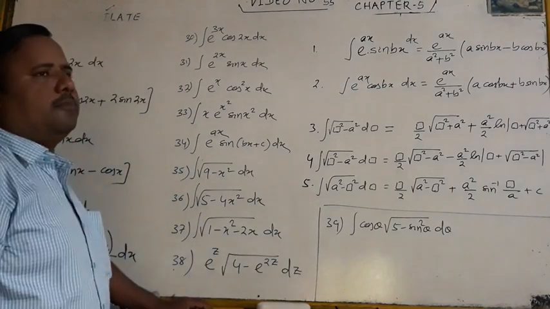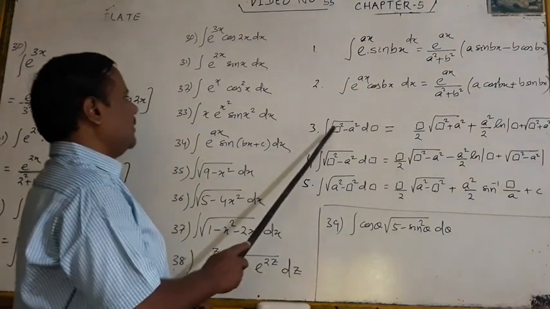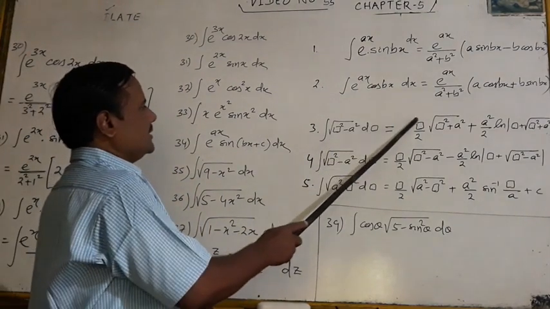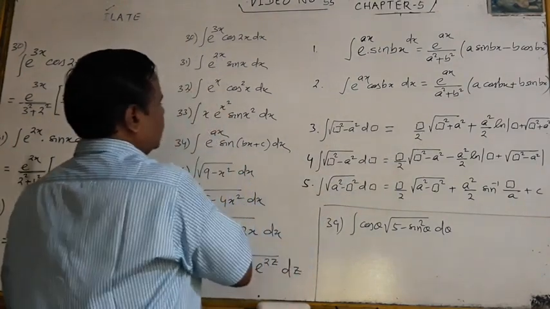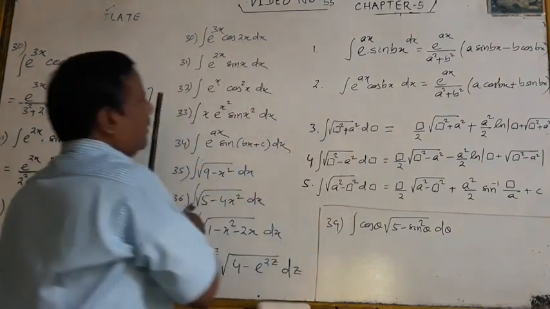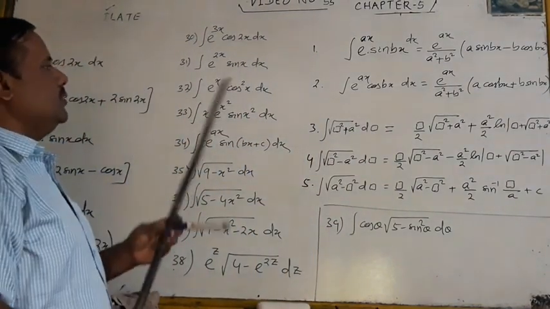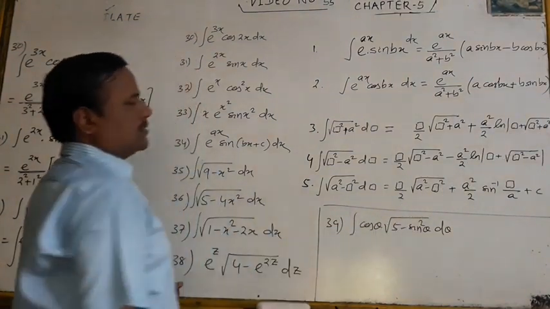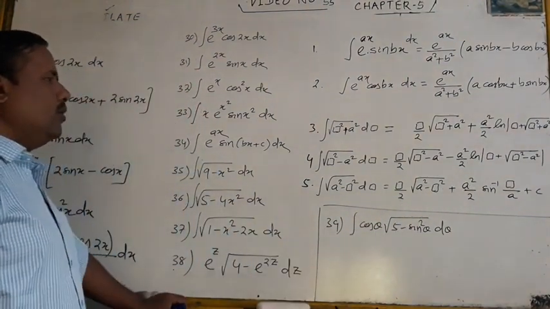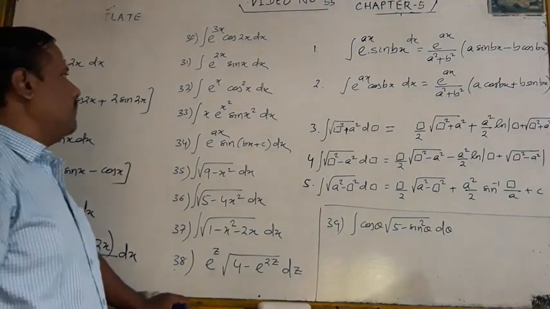And you know the formula for the integral of root of x square plus a square dx, which is x by 2 root of x square plus a square plus a square by 2 ln of x plus root of x square plus a square, which I have told you earlier.